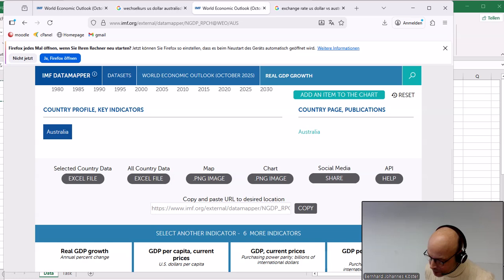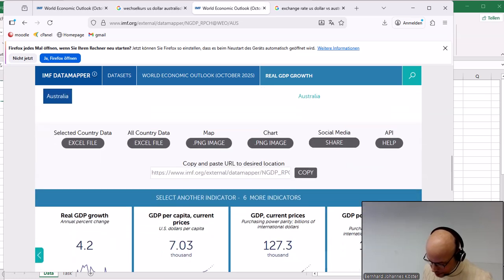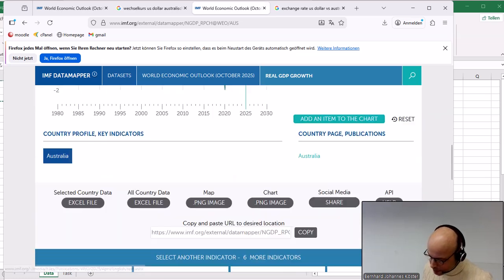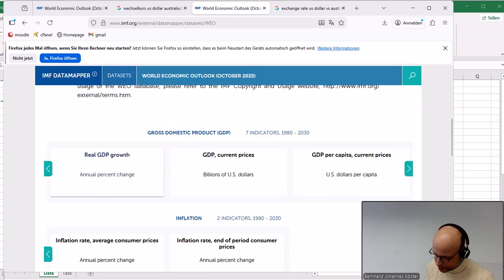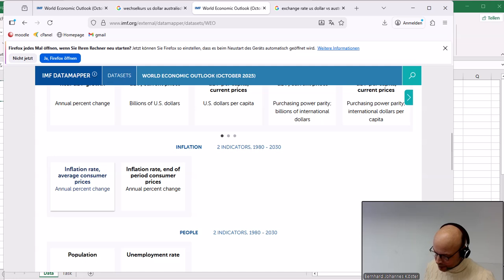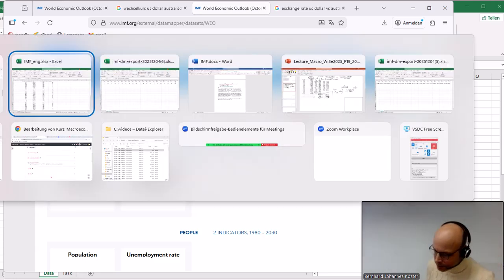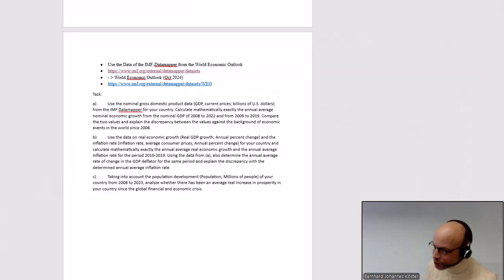And the inflation rate. Back to data sets. Inflation rate, average consumer price. In the task, I also provided you which inflation rate you should choose. Here you see average consumer prices.